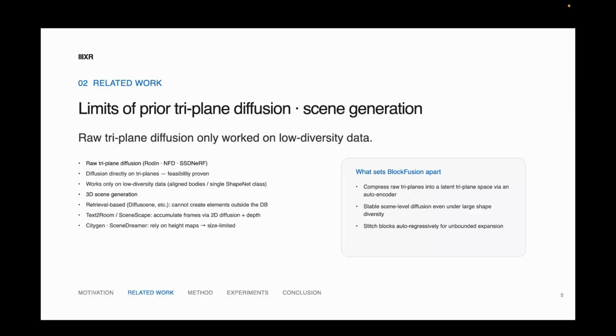Text2Room accumulates frames from 2D diffusion plus depth, and SceneDreamer and SyncDreamer lean on height maps, which caps their scale. BlockFusion's key move is to not diffuse on raw tri-planes. Instead, it compresses them with an autoencoder into a latent tri-plane space, which makes scene-level diffusion stable even at high shape diversity, and then stitches blocks together autoregressively for unbounded expansion.